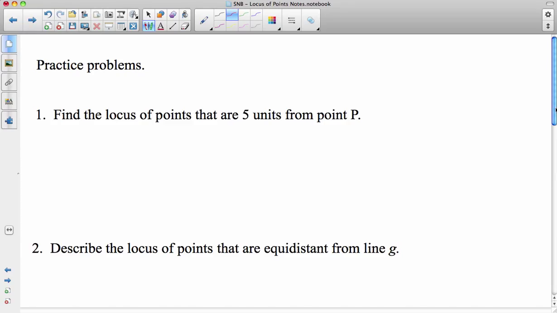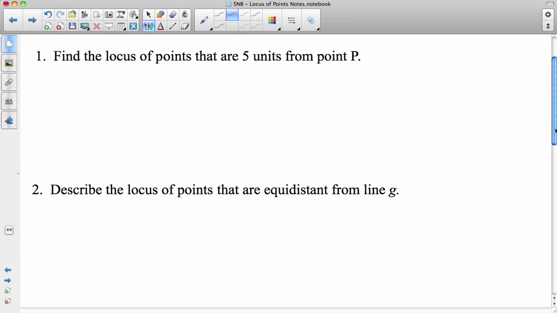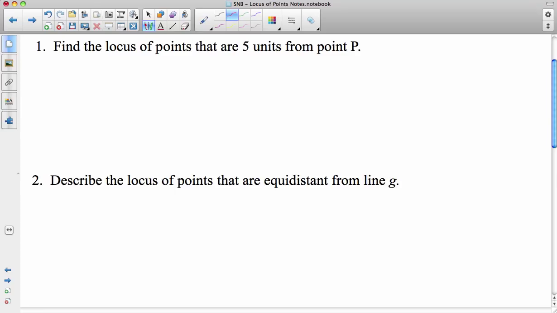So number 1, these practice problems, says find the locus of points that are 5 units from point P. Well, point P is what we are given. So we're going to draw our original picture just with a point P. And then we need to locate points that are 5 units from it.